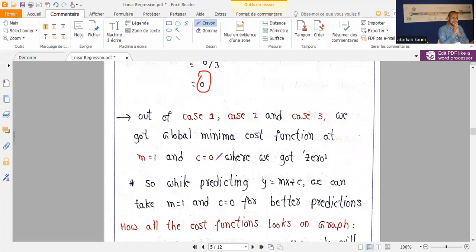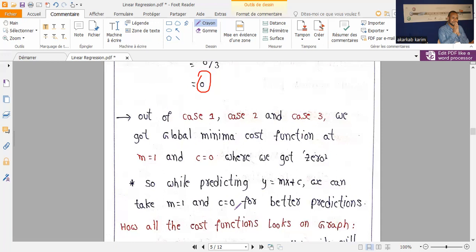That means we need to choose the lowest value of the cost function. So here the global minima of the cost function, with these parameters m as 1 and c equal to 0, is 0. So we're predicting y equal to mx plus c, taking m equal to 1 and c equal to 0.